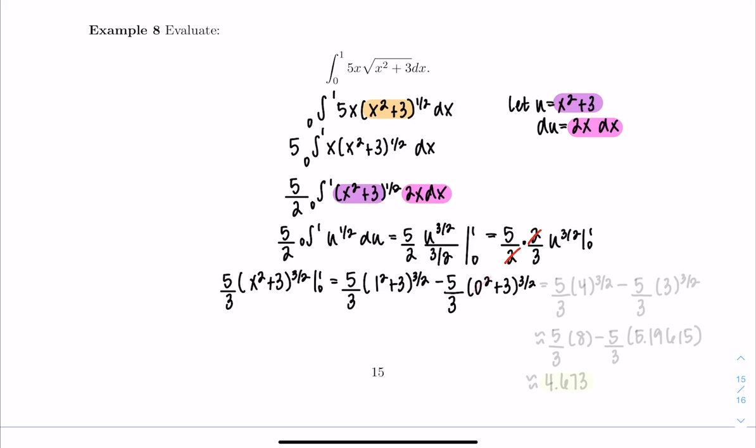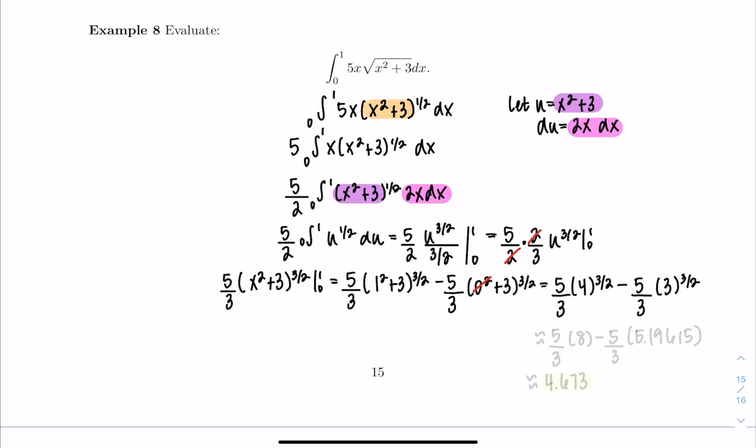And so the 0 squared ends up canceling. We get 5/3 times 4 to the 3/2 minus 5/3 times 3 to the 3/2.